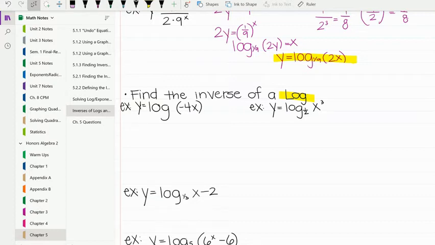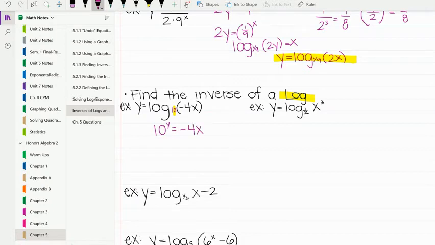So first of all, there's no base here, but we should all know that this is actually, I didn't mean to write in highlighter, this is actually base 10, right? If we don't have a base, then we assume that it's base 10. So it's already kind of simplified, so we can actually just rewrite it in the exponential form. So it'd be 10 to the y equals negative 4x.